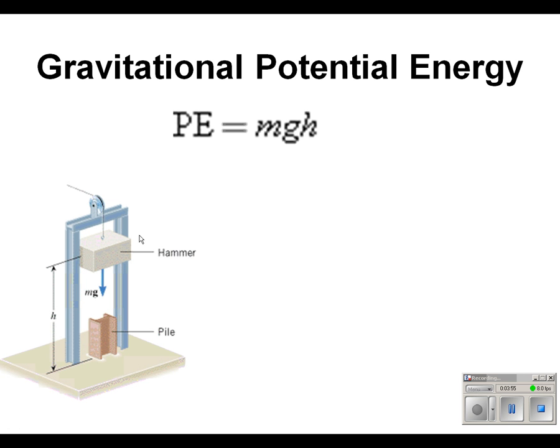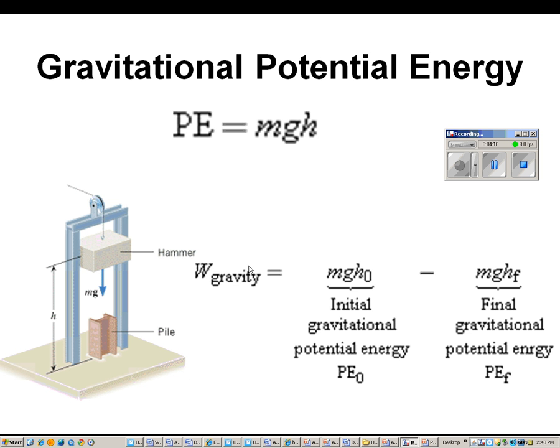So here we have a hammer. It's a certain distance above this pile, and when we let it go, there's potential energy in this hammer. When it drops down, that energy is released into kinetic energy, which then does work on the pile, driving it to the ground. So the work being done by gravity is this force times distance, or you can look at it as initial gravitational potential energy minus final gravitational potential energy.